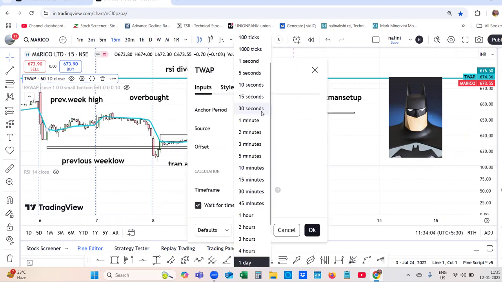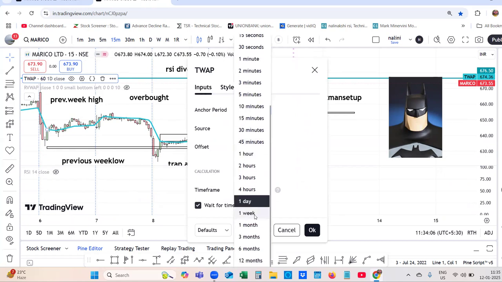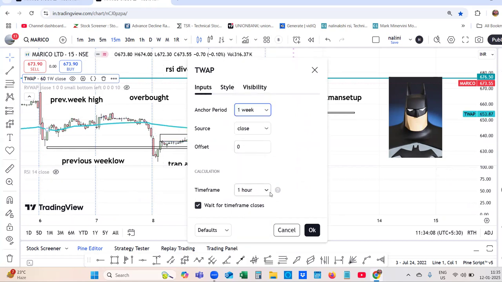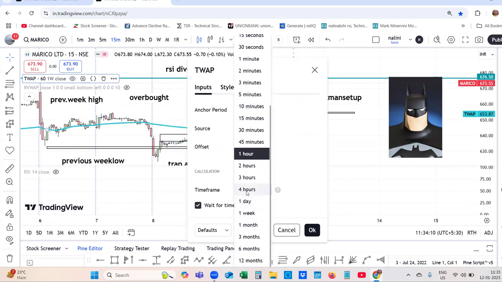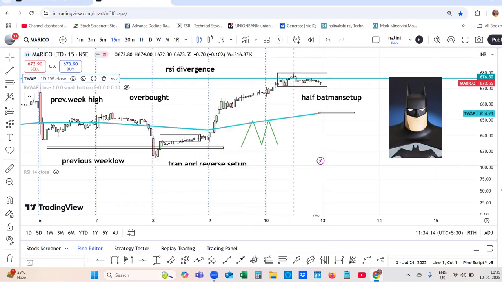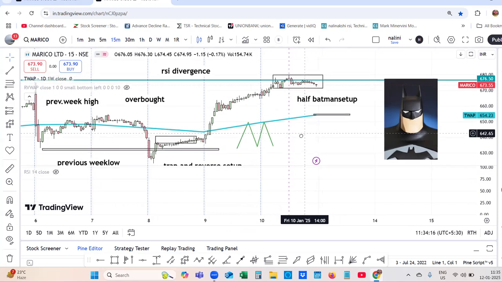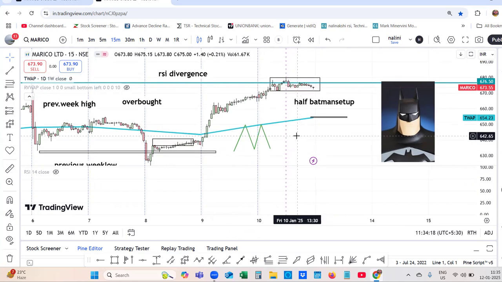Okay. Let me tweak it to weekly and tweak it to daily. Why? Because I want to know where the long-term period weighted average price is. So it gives the value of 654.